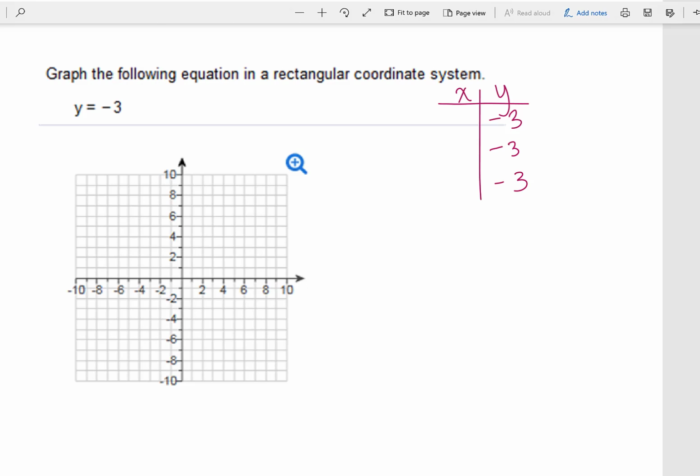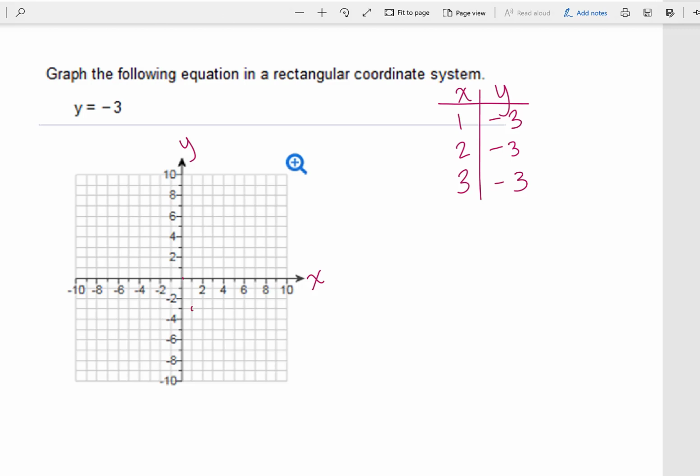So I'm just going to choose any x's. I'm going to choose x's that are actually on this graph. I'm just going to choose 1, 2, 3. And this is my x-axis. This is my y-axis. I always travel left and right when I'm plotting points before I travel up and down. So starting from the origin, 1 to the right for x equals 1, and then y equals -3.